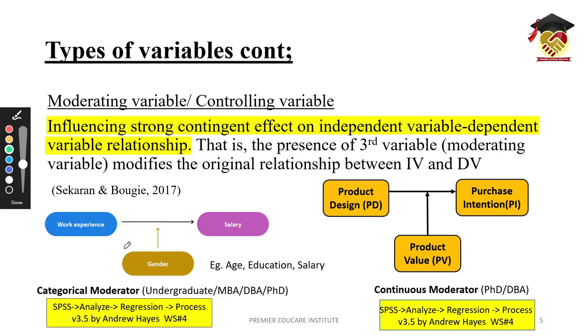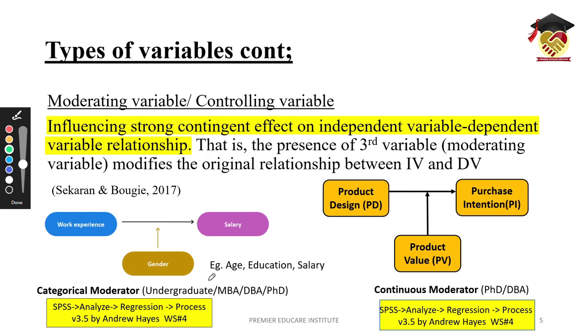And you have another variable coming in between, but coming from the outside. That is called a moderating variable, which means this moderating variable sometimes improves or strengthens the relationship between work experience and salary.